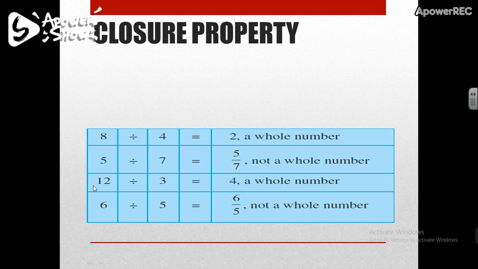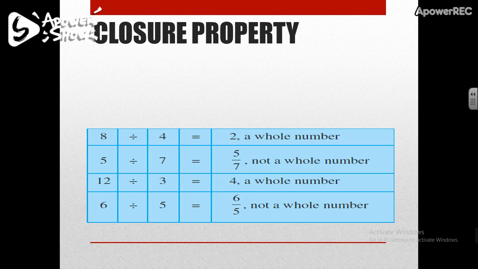Now I am taking two whole numbers 12 and 3, and after dividing 12 by 3 I am getting 4, which is again a whole number. In the fourth one I am taking whole numbers 6 and 5, and after dividing 6 by 5 I am getting 6 upon 5, which is equal to 1.2, which is not a whole number.